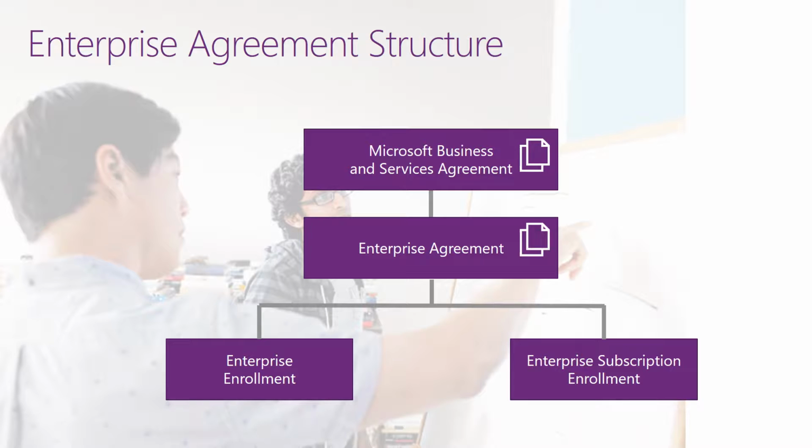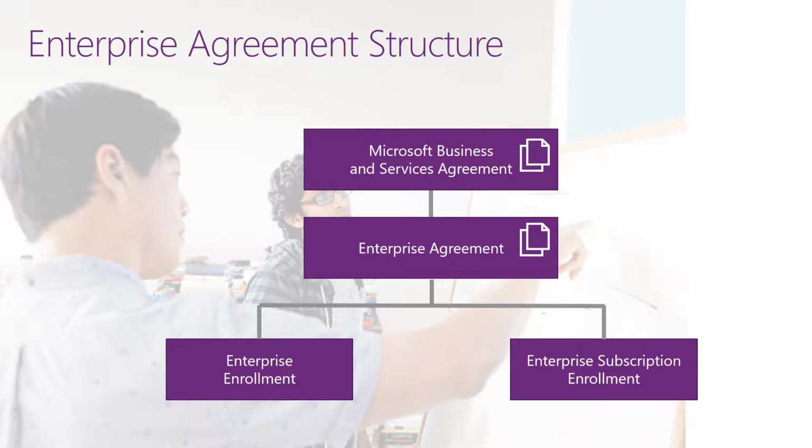When a customer decides to purchase software or online services through an Enterprise Agreement, then there are terms and conditions that they need to accept. There are general terms and conditions laid out in the Microsoft Business and Services Agreement, and then further, more specific ones in the Enterprise Agreement itself. And that's not all. There's a further layer, which is the Enterprise Enrolments.